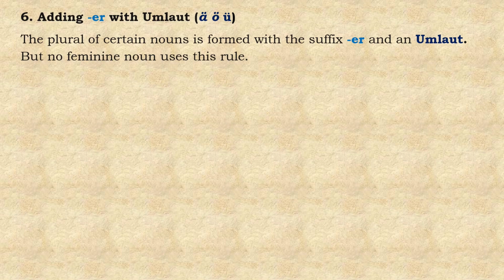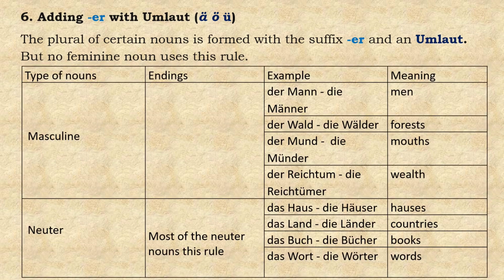The plural of certain nouns is formed with the suffix er and an umlaut, but no feminine noun uses this rule. For example, der Mann, die Männer, der Wald, die Wälder, der Mund, die Münder, der Reichtum, die Reichtümer.